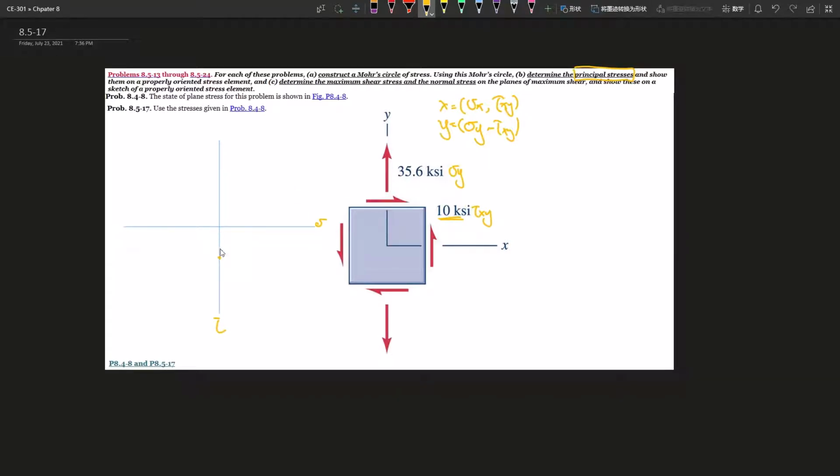If this is 10, maybe say this is 10, so this is 10, 20, 30, 35.6, and this is negative 10. Because this is the positive and this is the negative tau direction. Okay, so this is x, and this is y, right?